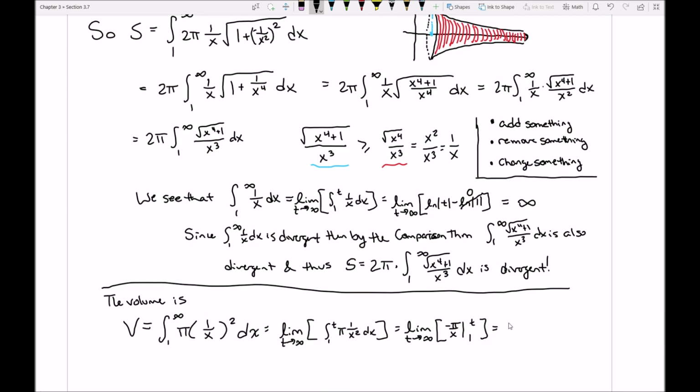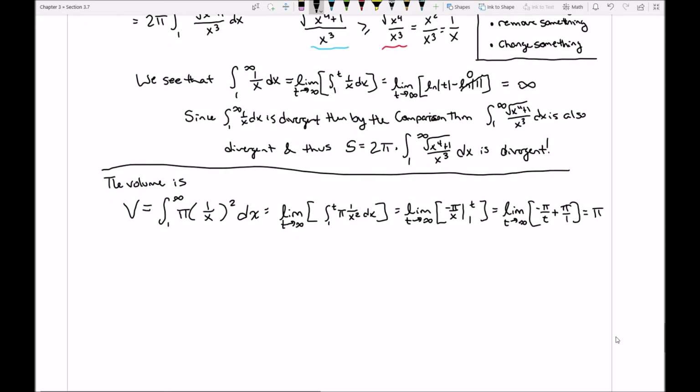This is going to look like a limit as t approaches infinity of negative pi over t minus negative pi over 1, which has a limit of pi. That means that the volume of Gabriel's horn is convergent.